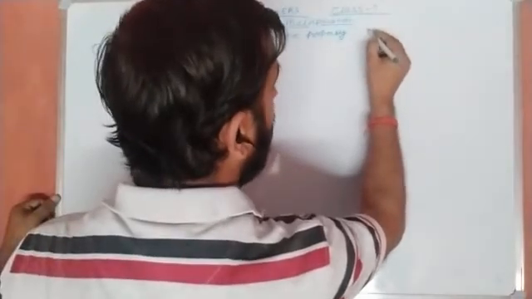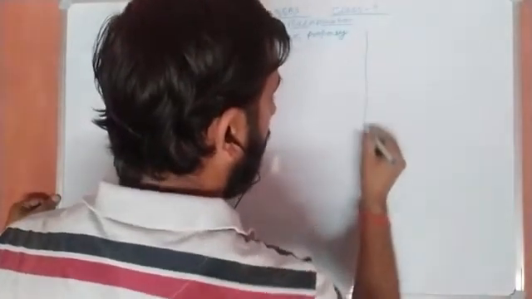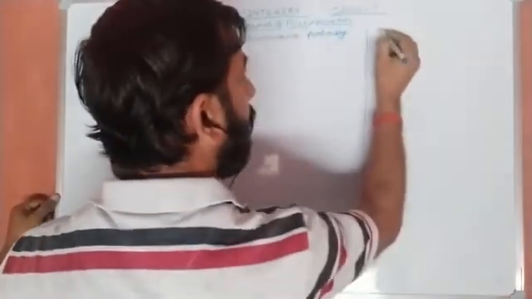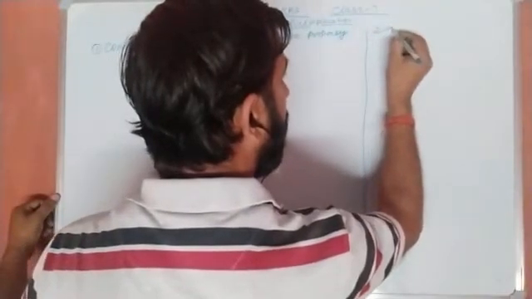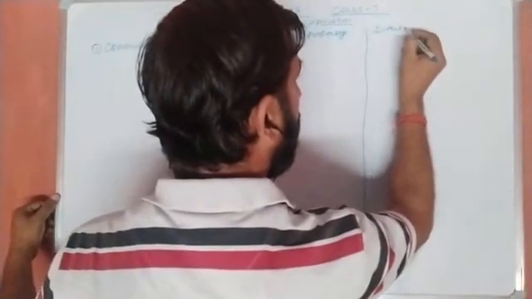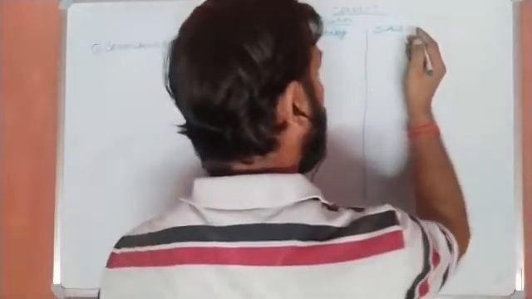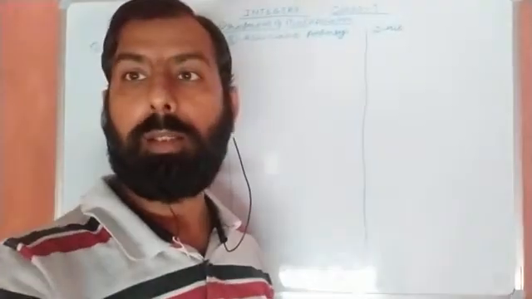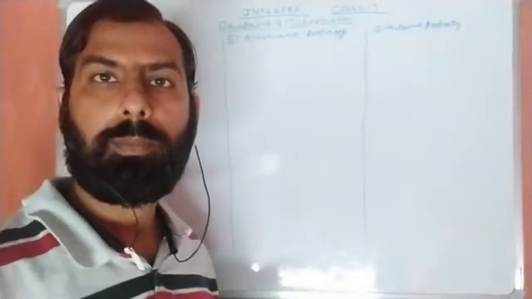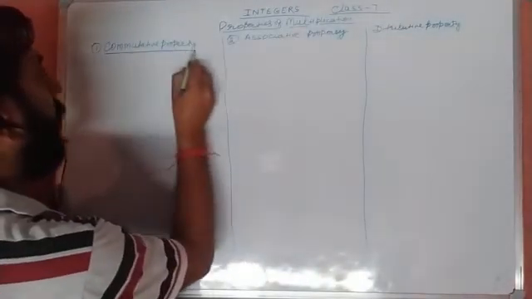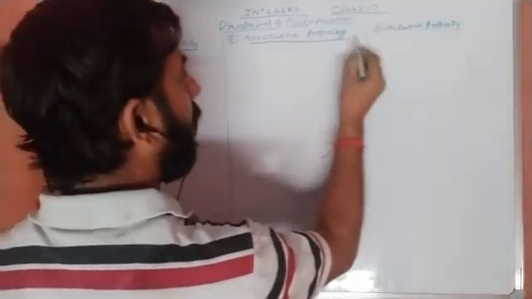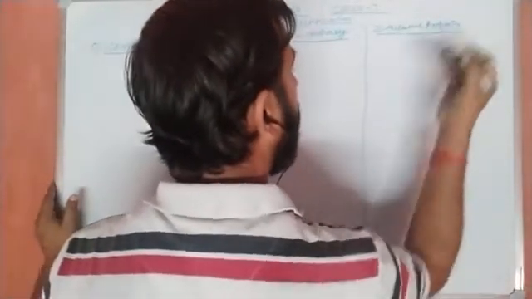And the third is distributive property. Now there are three properties: commutative property, associative property, and distributive property.